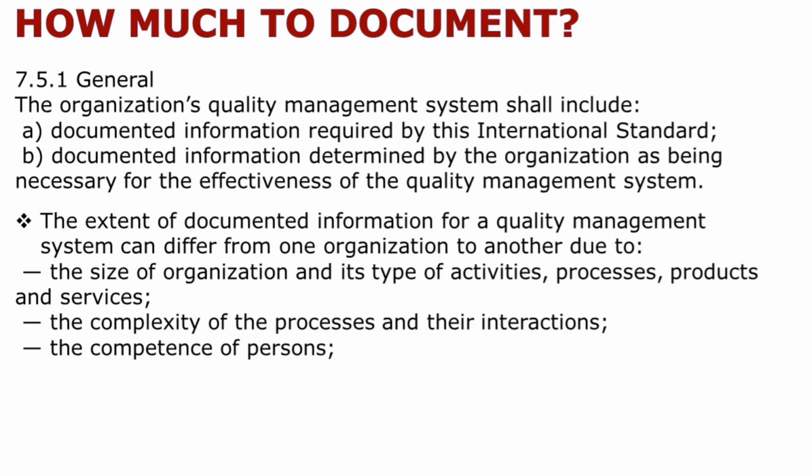Secondly, it depends on the complexity of the processes and how they interact with each other. Lastly, it's influenced by the competence of the people involved in the organization. In essence, ISO 9001:2015 recognizes that not all organizations are the same, and the documentation requirements should be tailored to fit the unique circumstances of each organization.